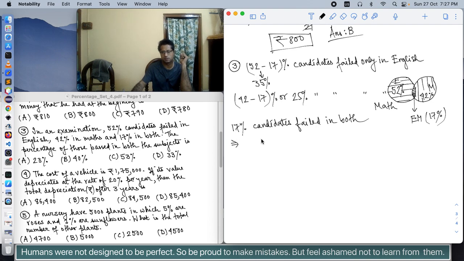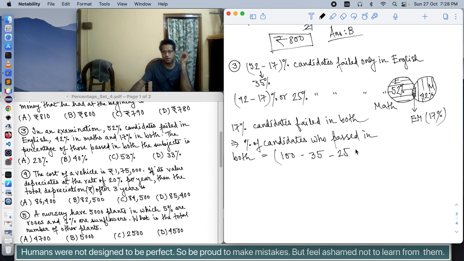So this implies that the percentage of candidates who passed in both must be equal to 100 minus the percentage of the candidates who failed only in English, that is 35, the percentage who failed only in maths, that is 25, and the percentage who failed in both, that is 17.